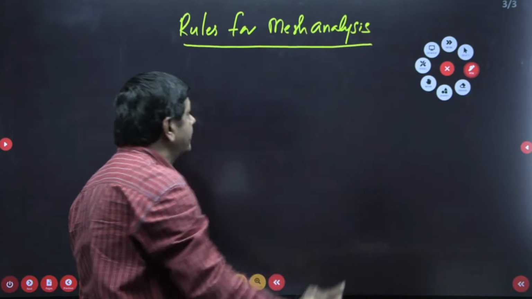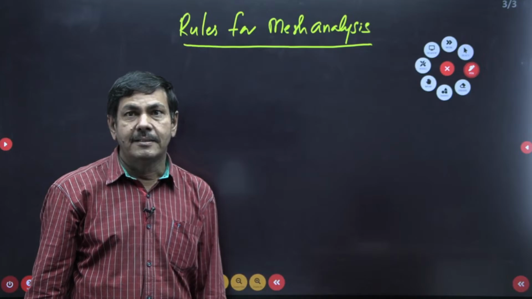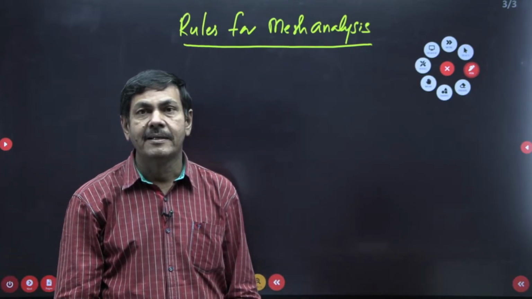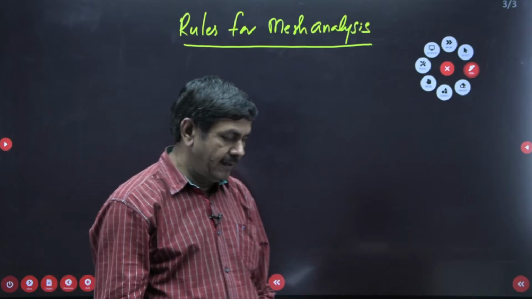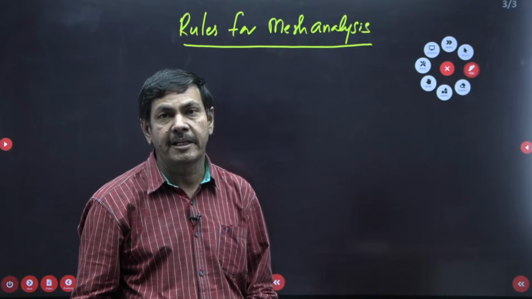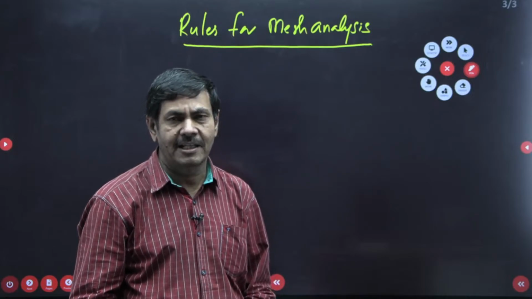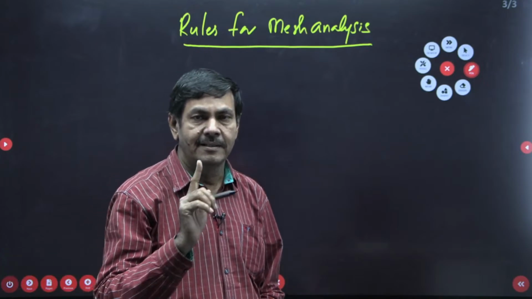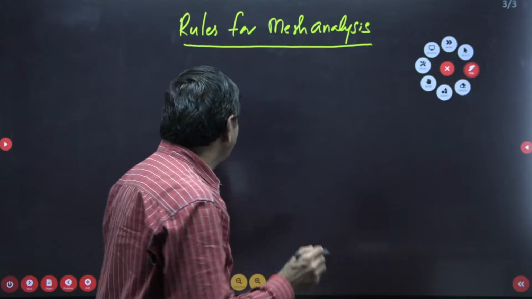That is very important. Initially, you must identify the number of meshes existing in the given circuit. How many meshes, otherwise how many loops, are existing? You identify at first. That's the first point we can say.